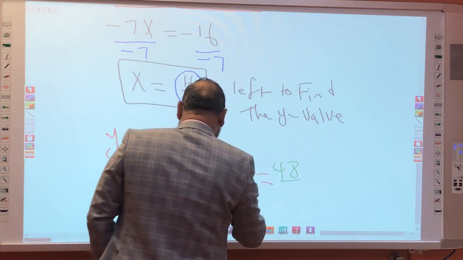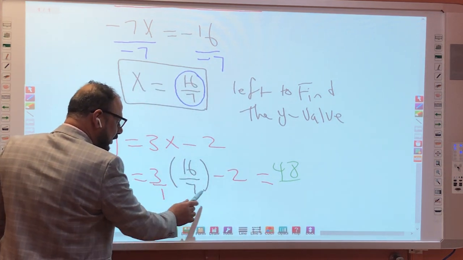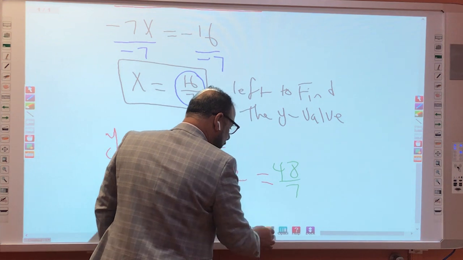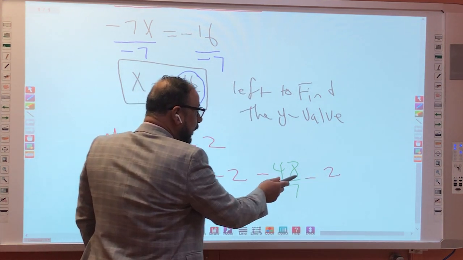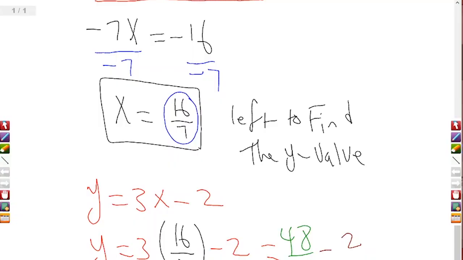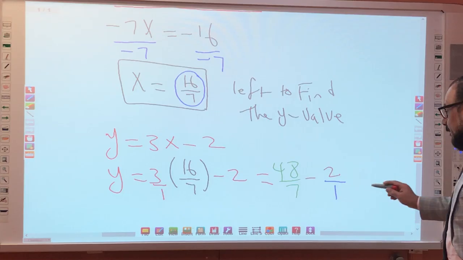48. What I did, 3 times 16, 48. 1 times 7 is 7. Minus 2. Now, remember in math, if you have no denominator, your denominator is 1. I need you to master these things because the new SAT asks you not to use a calculator for some types of problems.